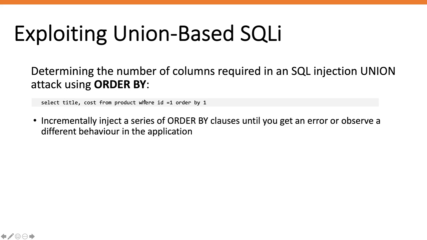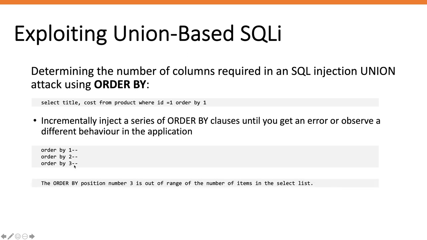Now, the way to figure out the number of columns is to incrementally inject a series of order by clauses until you get an error or observe a different behavior in the application. So if I say order by 1, it'll order by the first column. If I say order by 2, it'll order by the second column. Now, if I say order by 3, that column doesn't exist.